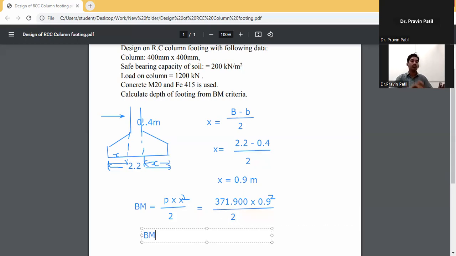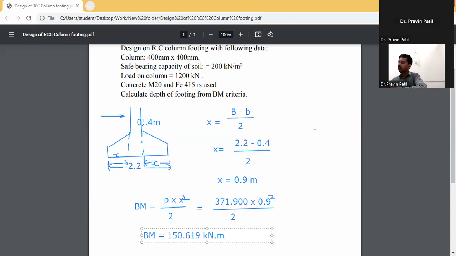So BM is 150.619 kilonewton meter. This is the bending moment. I will note down BM is equal to 150.619 kilonewton meter.